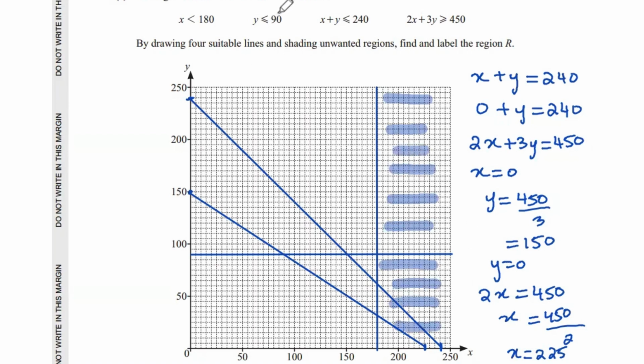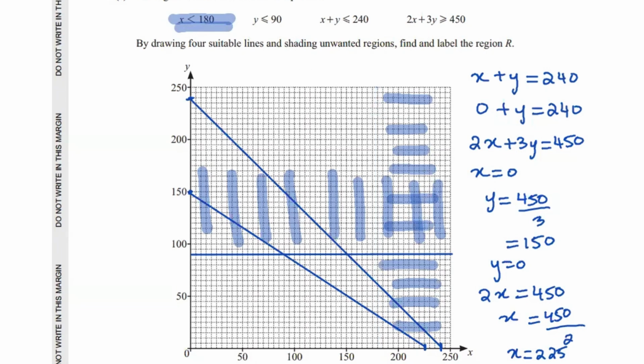Then x is less than or equal to 90, so the greater than part will be shaded, because we want to shade the unwanted regions. Also, the 180 line is going to be dotted because it's x is less than 180, not less than or equal to. So for this, I need to draw a dotted line.